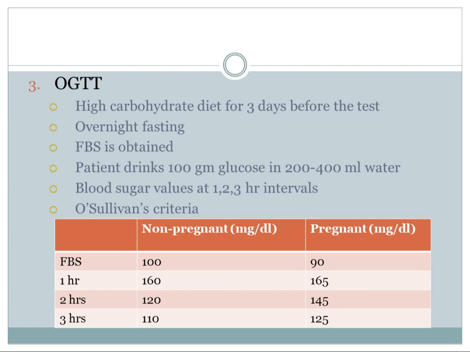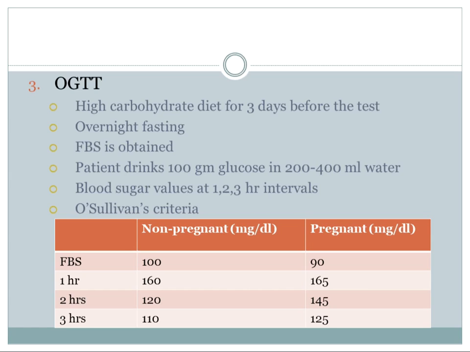Now, here the normal values we take are fasting 92 milligrams per 100 ml. After 1 hour, we take 180 milligrams per 100 ml. Then after 2 hours, we take 153 milligrams per 100 ml.